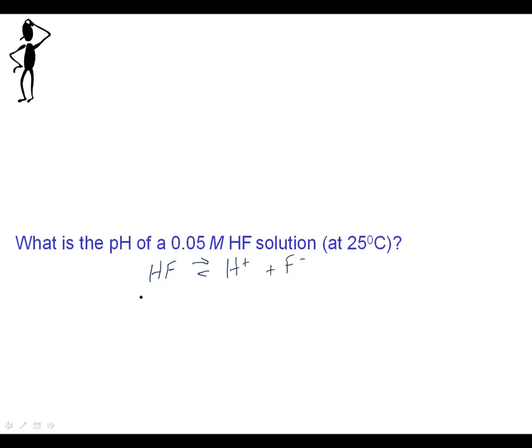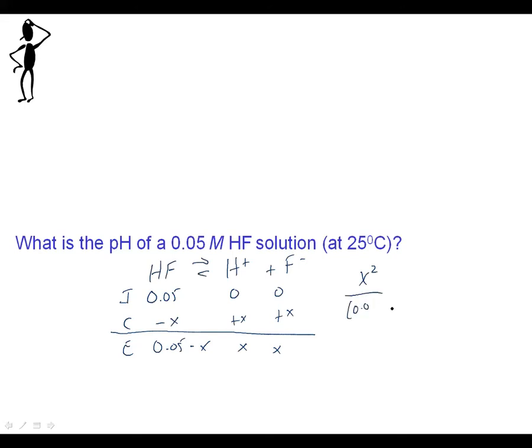If we change this to 0.05, we would have our zeros, our minus x's, 0.05 minus x, x, and x. Then x squared divided by 0.05 minus x equals our Ka value, which was 7.1 times 10 to the minus 4.